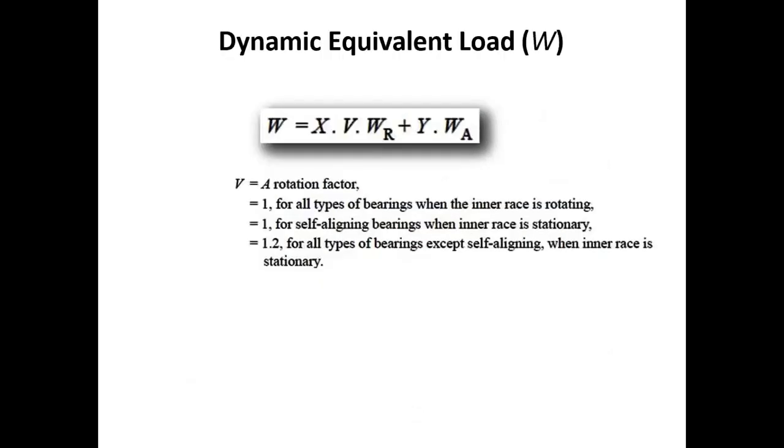Now, the dynamic equivalent load W is denoted as X V Wr plus Y into Wa, where V is a rotational factor equal to 1 for all types of bearing when the inner race is rotating, or equal to 1 for self-aligning bearing when the inner race is stationary, and 1.2 for all types of bearing except self-aligning when the inner race is stationary, right?